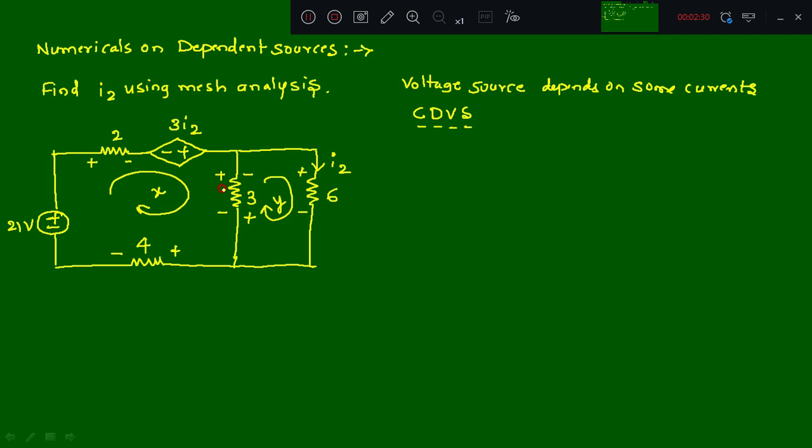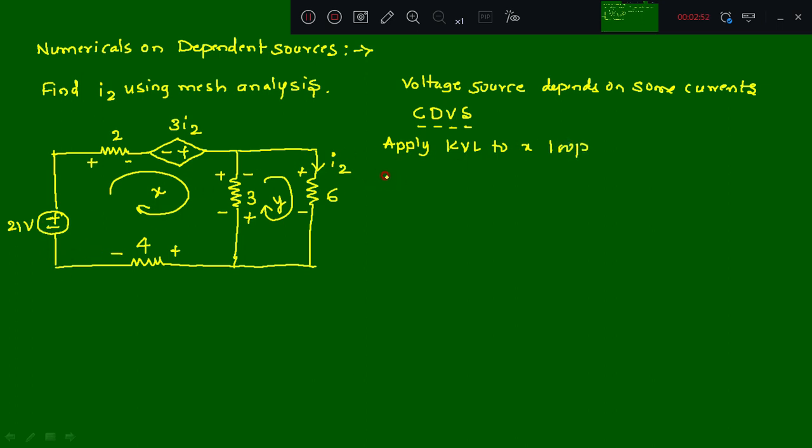Now apply KVL to get the equations. Apply KVL to the X loop. So what will we get? Start from this point.